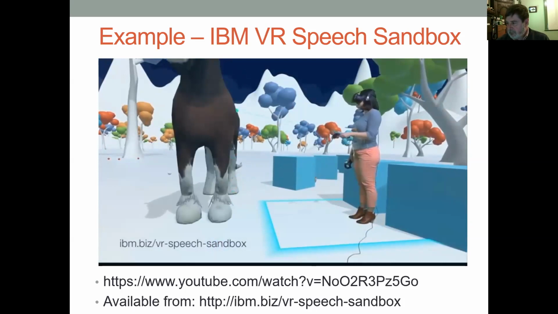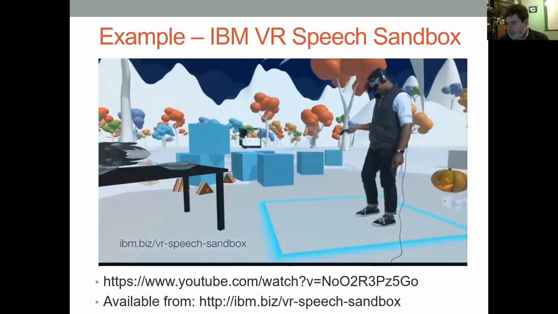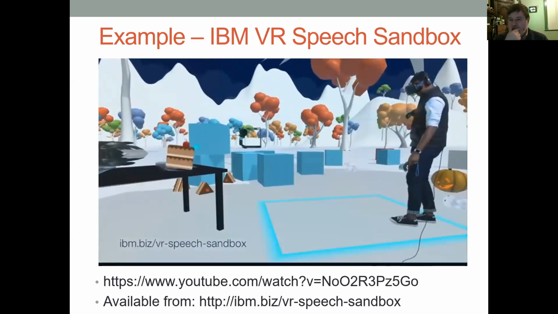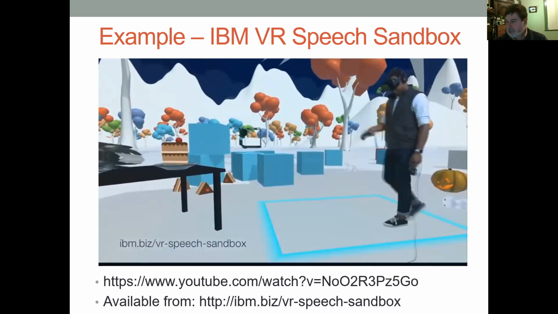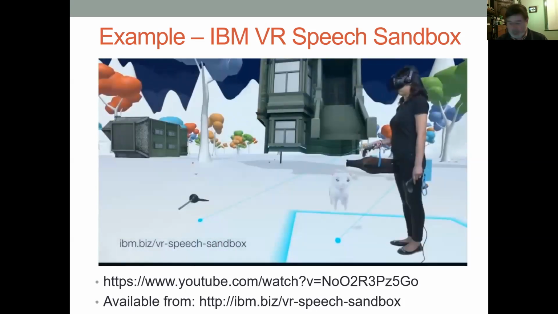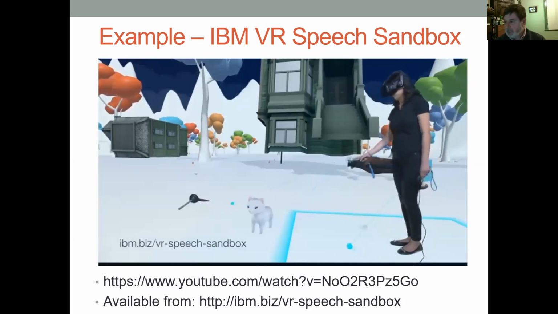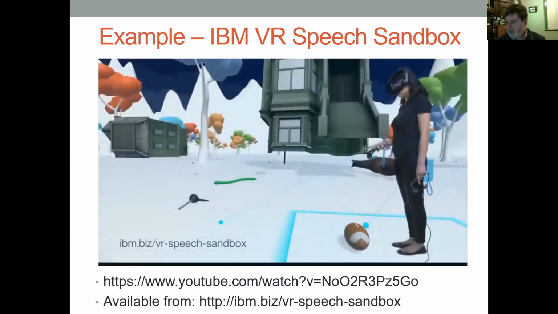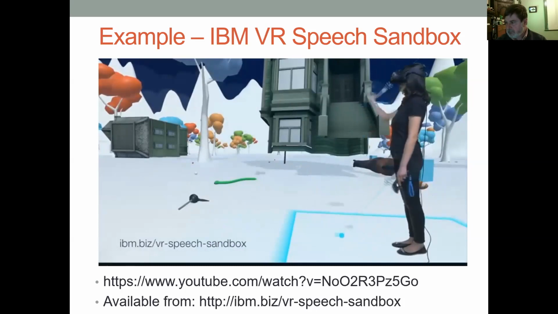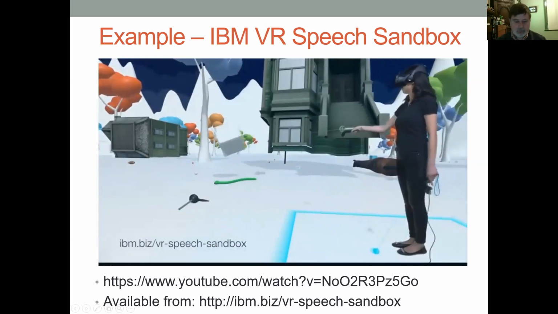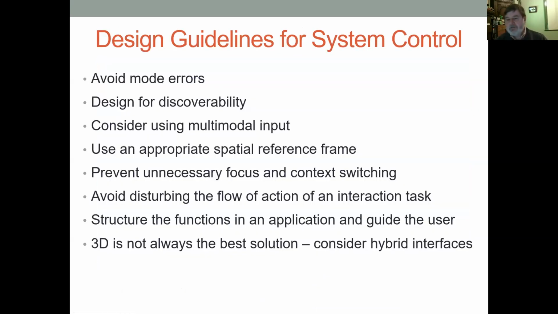So we put together the VR Speech Sandbox to make it easy for developers to build their own voice interaction systems for virtual reality. In the demo, you can create, modify, and destroy objects only with your voice. You can say, create a big black dragon, create a small blue car. You can also use variants, like give me a big black dragon. You don't need to use a wake word. It's very natural.